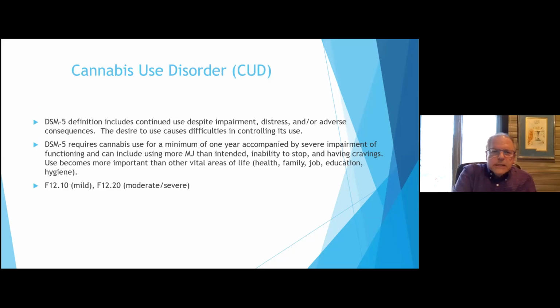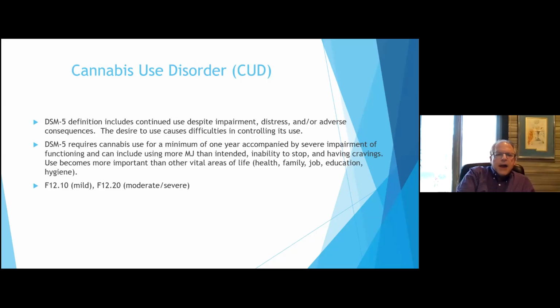So what is cannabis use disorder? Well, all substance abuse disorders have basically the same ingredients in their definition, which includes continuous use despite adverse consequences, distress, significant impairment, and the inability to control the amount used, or sometimes to be able to stop.